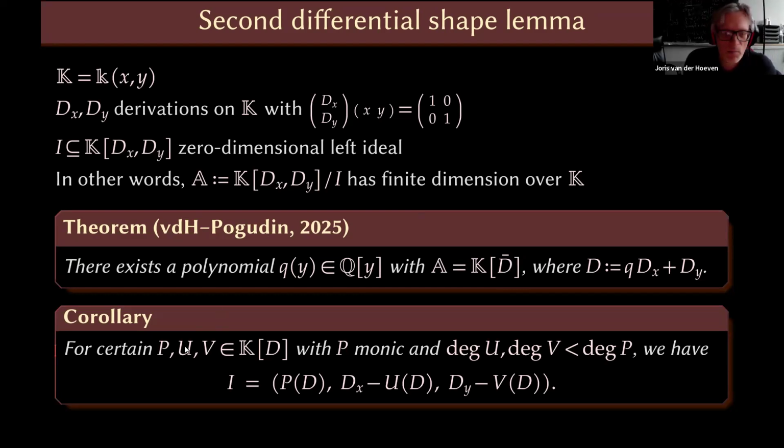So there exist polynomials u and v such that dx can actually be written as u applied to D modulo I, and similarly for dy.